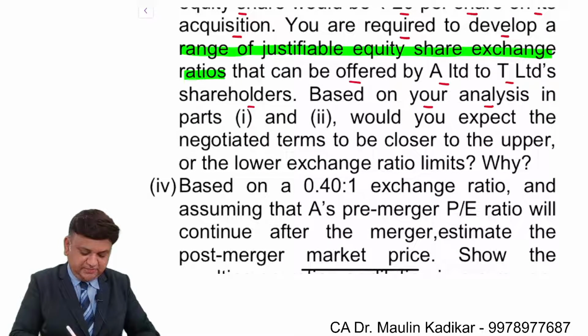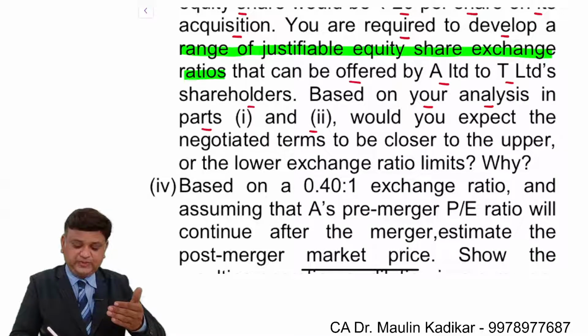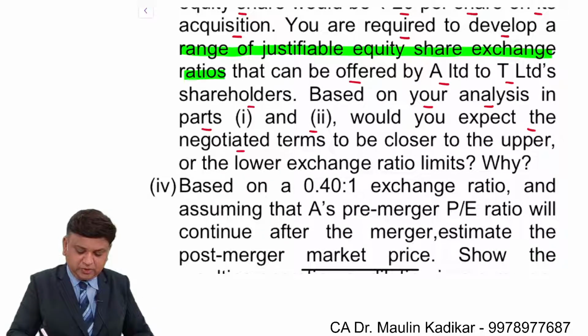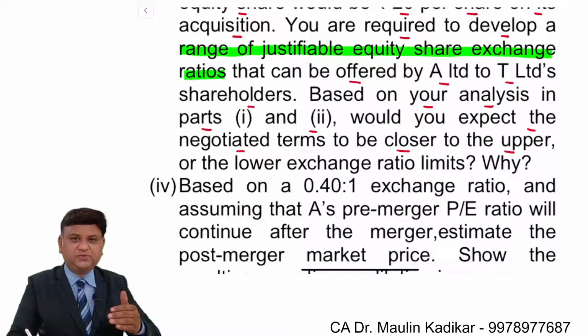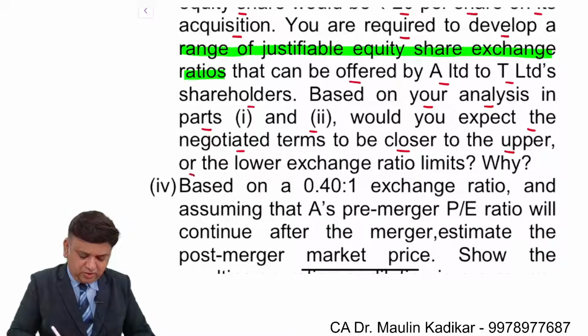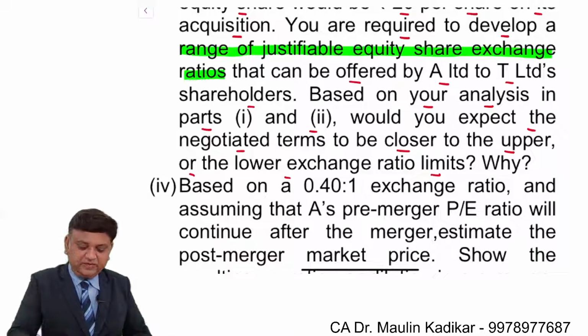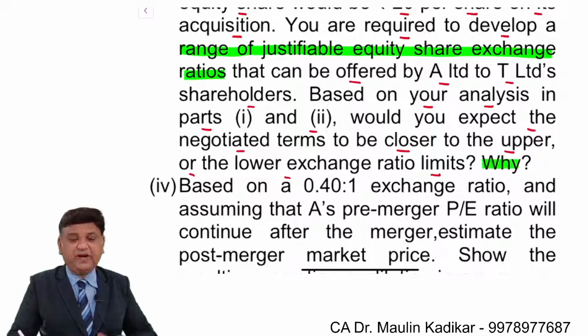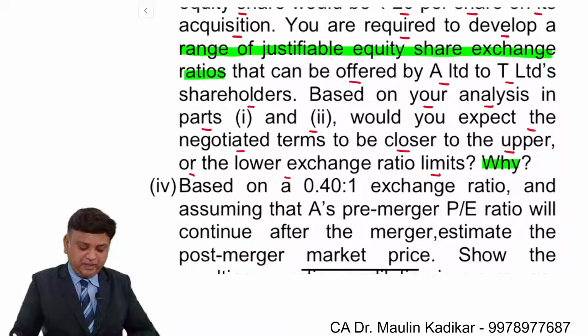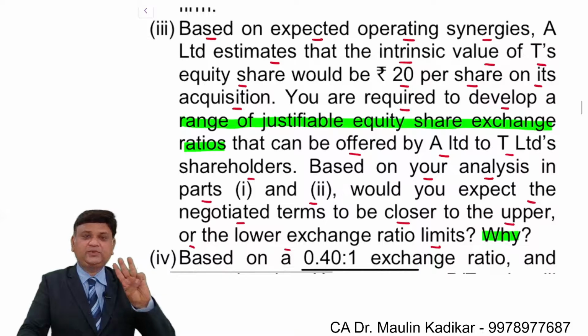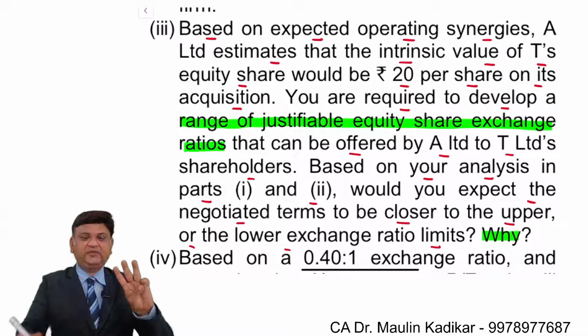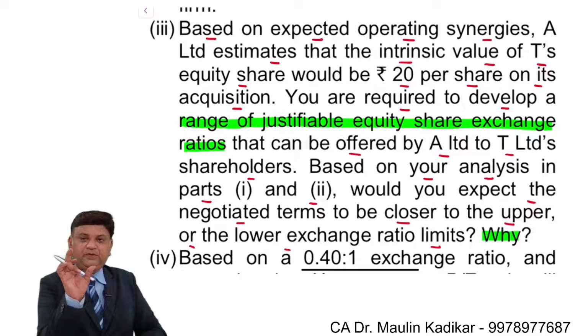Based on your analysis in parts 1 and 2, would you expect the negotiated terms to be closer to the upper, whatever range you find, or the lower exchange ratio limit? And further you are required to give reason why you feel like that. So basically over here there are three questions which we are required to answer. First, we are required to compute the justifiable equity share exchange ratio, in a way that between what range the exchange ratio will fall.